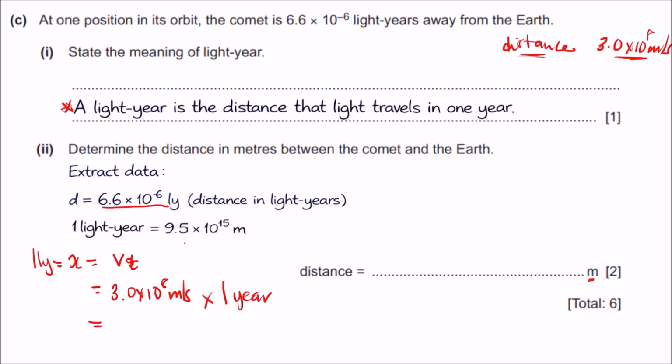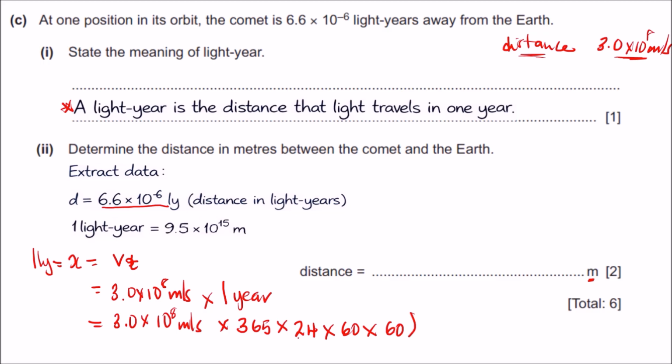So for us to get 9.5 times 10 to the power 15, we do 3.0 times 10 to the power 8 meters per second times 1 year, which is the same as 365 days. In 365 days, we have 24 hours. In each hour, we have 60 minutes. In each minute, we have 60 seconds.